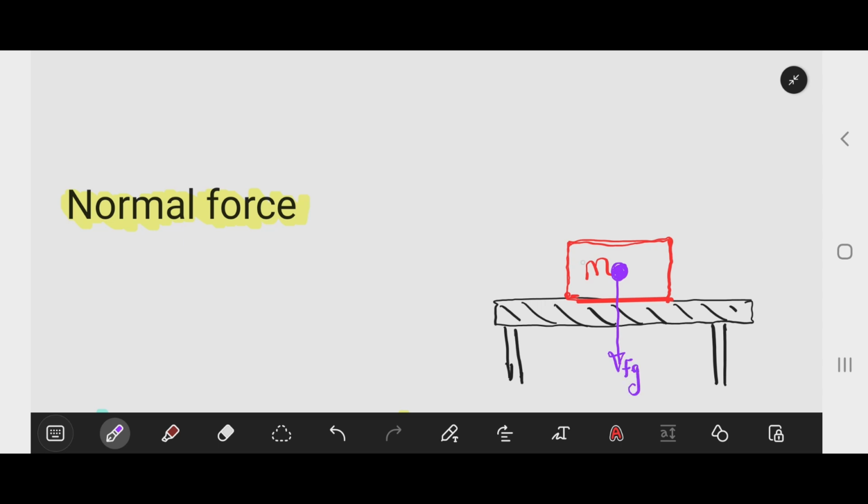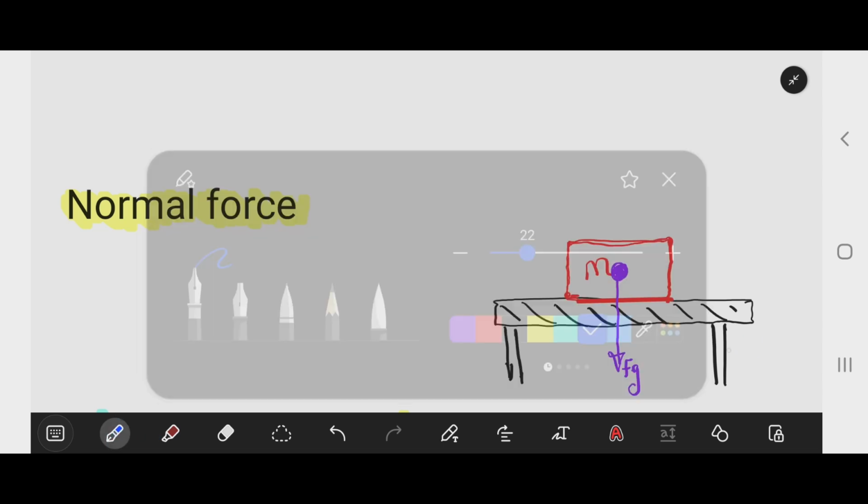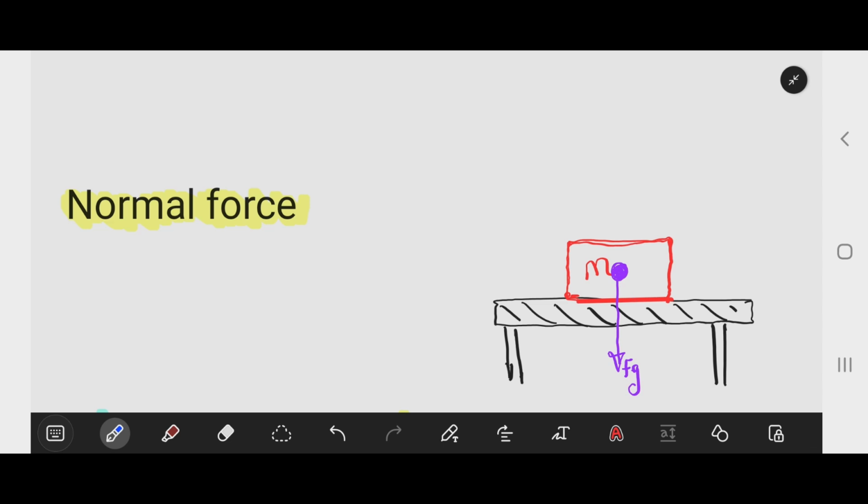So when you place this box on top of this table and the box remains on top of the table, it means the table exerts a reaction force to the box in that direction. This force will balance the gravitational force. So the normal force is exerted by the surface of the table to balance the gravitational force. That is why the box can stand still on top of the table.